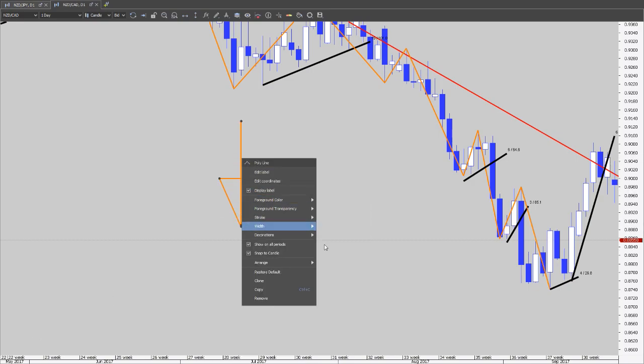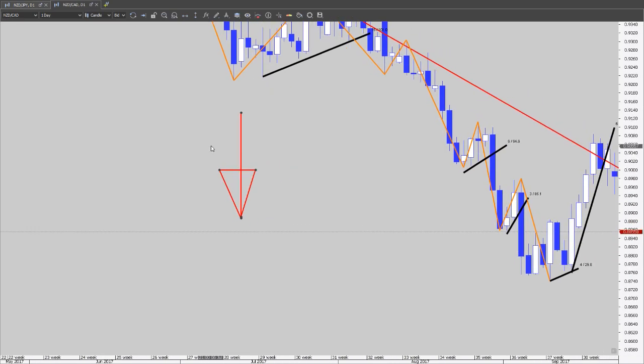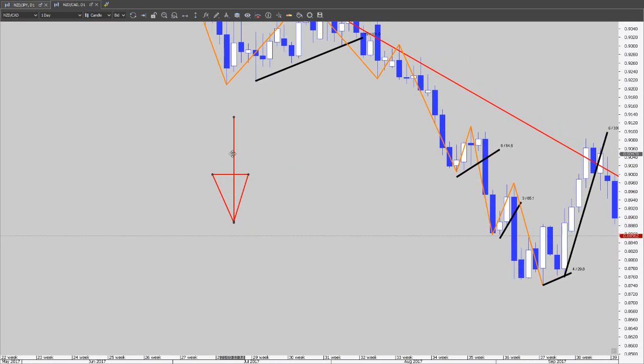Do we have or don't we have the 1, 2, come on, the counter trendline break in here? We have it, right?